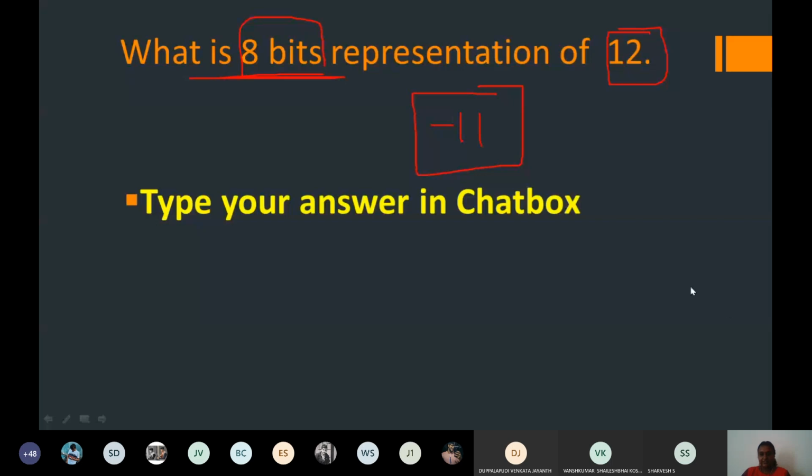The correct answers are coming in. Gargi has given, Gokul, Ebenezer, Devang, Kaushik. Bhargavi Rao, only a few answers this time. I'm asking for minus 11 in 8-bit representation. Everyone just type in the chat box.